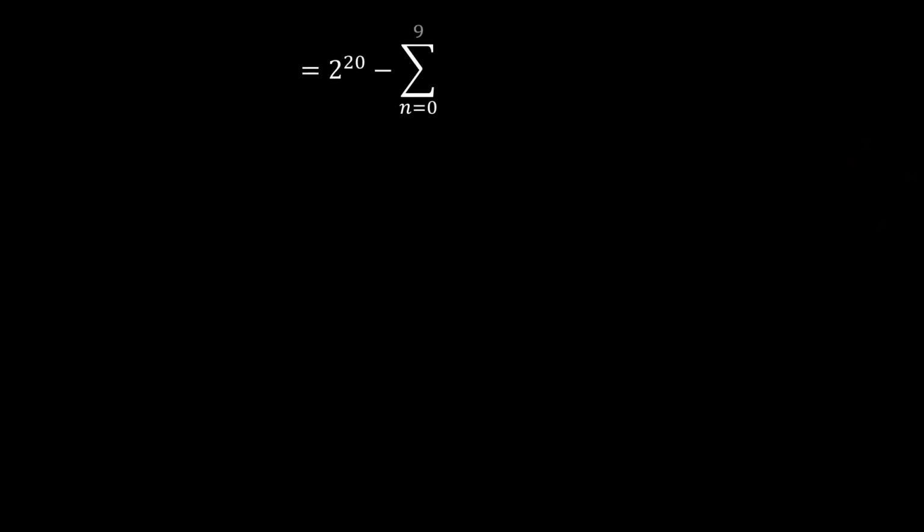So it becomes now 2 to the power 20 minus the summation of n from 0 to 9, summation of k equals 1 to 2 to the power 10 minus n minus 1, of 2 to the power n times k. I can pull the 2 to the power n out and then just remain with the k inside here, and it becomes an arithmetic progression.